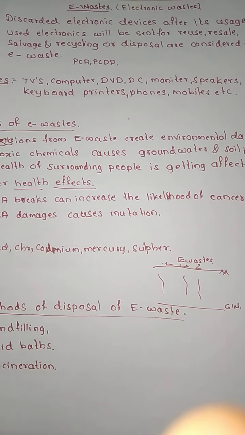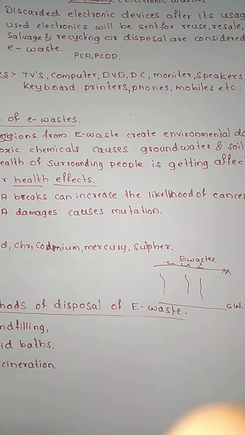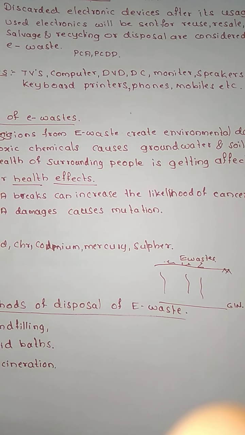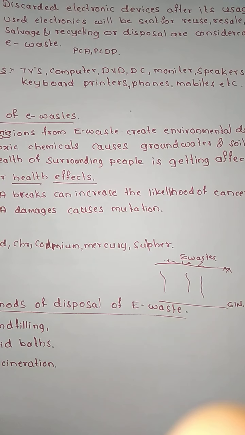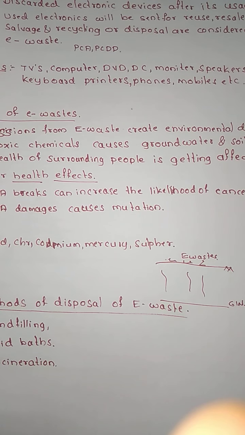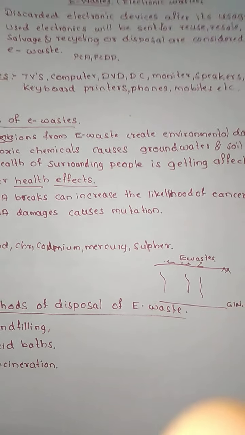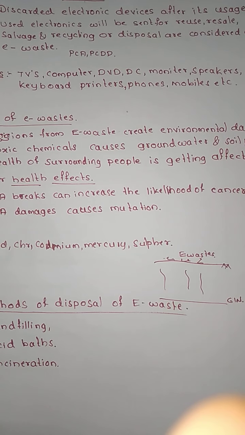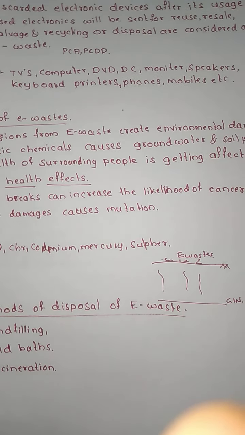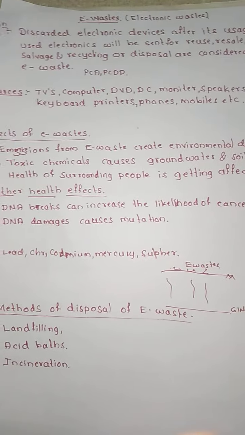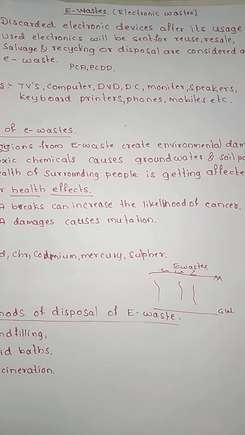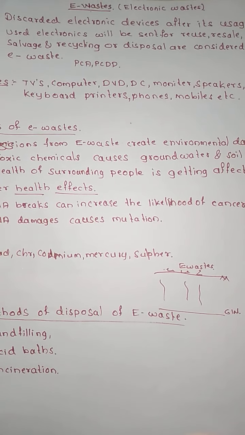Not only mobiles, we have TVs, speakers, computers, printers, home appliances, n number of electronic materials. The problem is that these are not biodegradable. That is the main problem, and along with that they contain some chemicals.